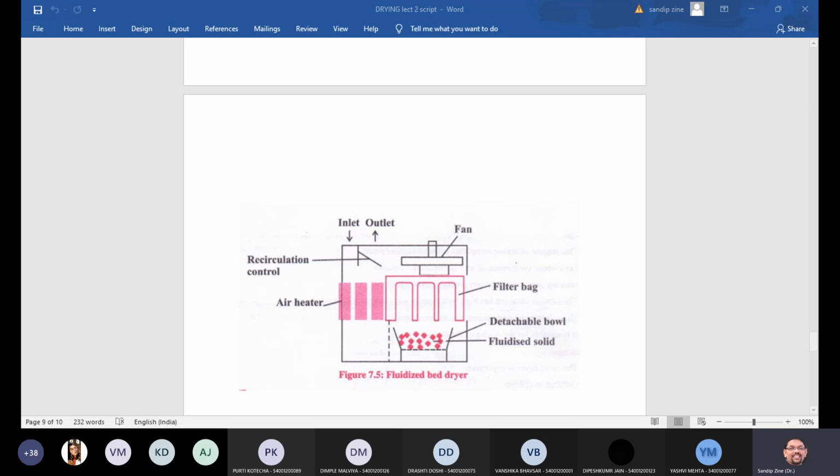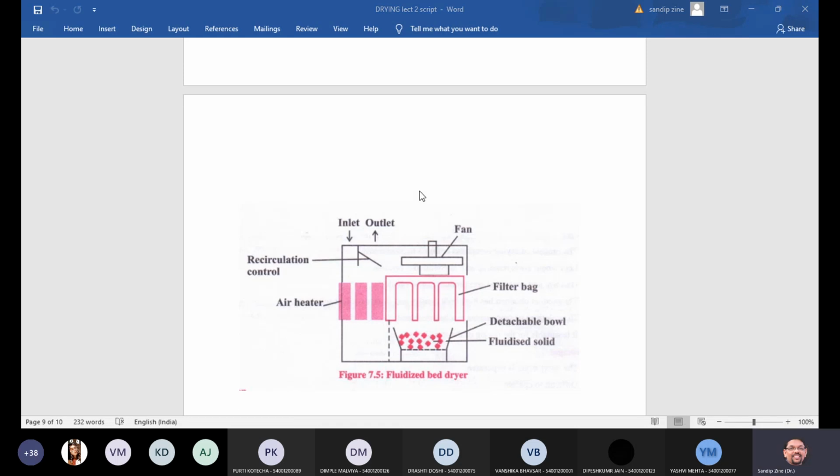The fabric bags are provided to prevent the passage of the fine particles. So that is the reason all these filter bags are placed just above the detachable bowl, and this is the fluidized solid. Clear on this construction part?